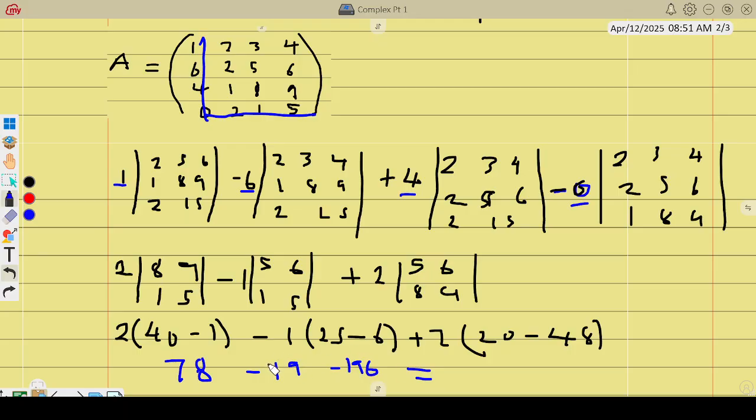And then we sum them. You first deal with this negative 19 minus 196, it will be negative 215, and then 78 minus negative 215, we'll have a negative 137. So meaning the determinant for this part is negative 137.